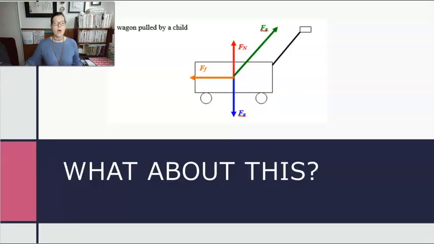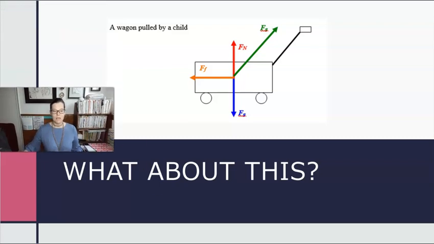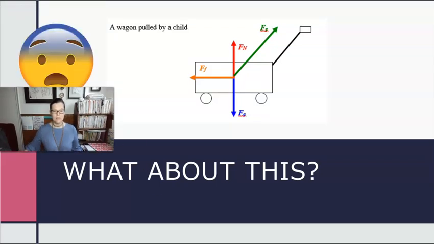All right, what about this? I just said that we have to add the forces in the same direction. What is going on here? Oh, no. Don't worry, though, because we don't have to worry.